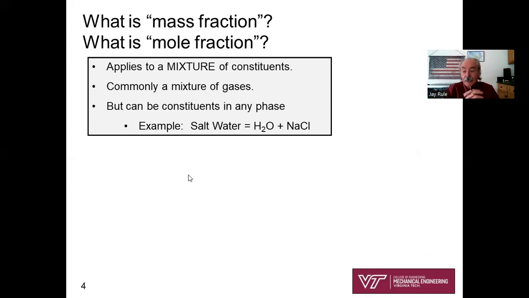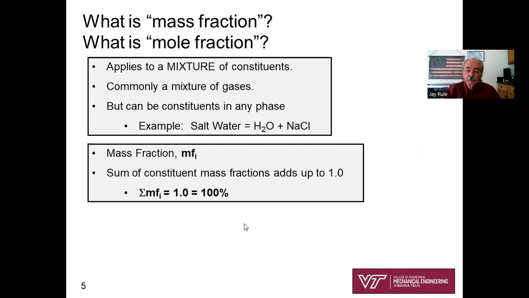But remember, mixtures can come in all types of different constituents and phases. For example, salt water is a very commonly observed mixture of water and sodium chloride. But for our purposes for chapter 12, we're going to be looking at ideal gas mixtures.